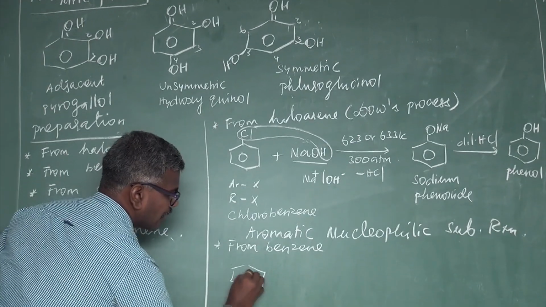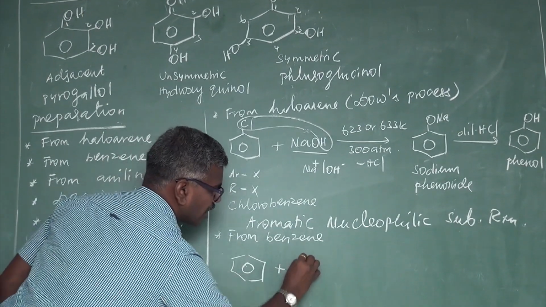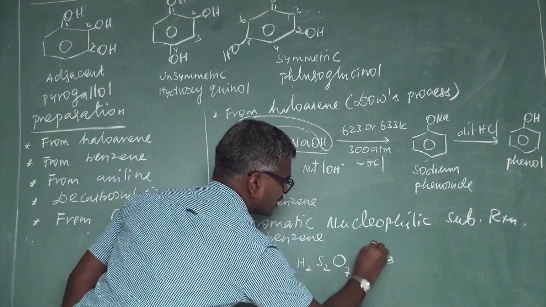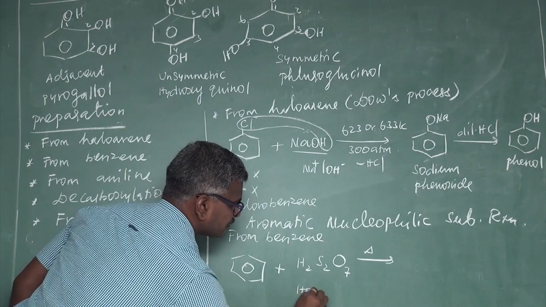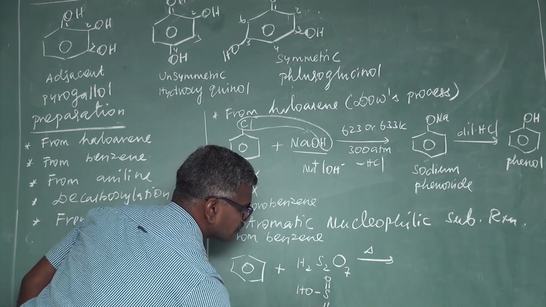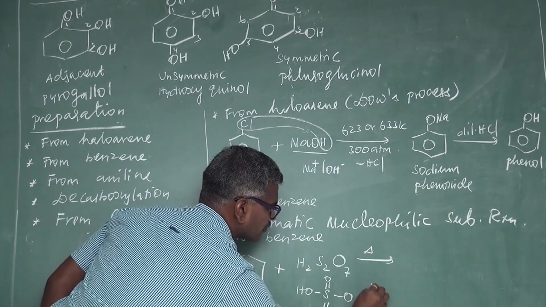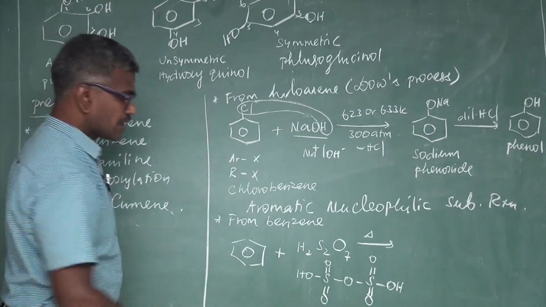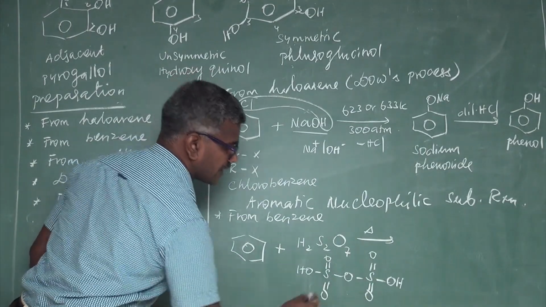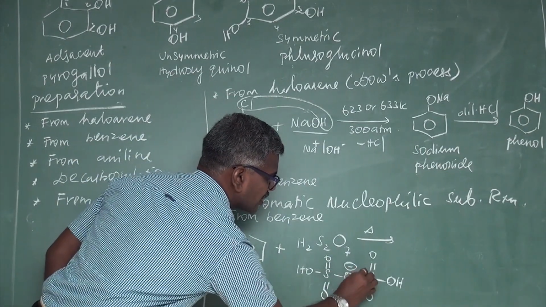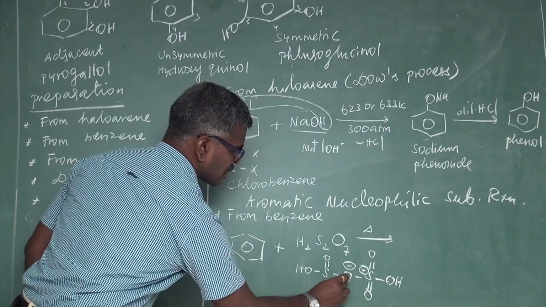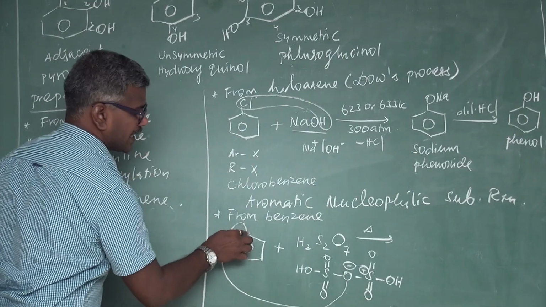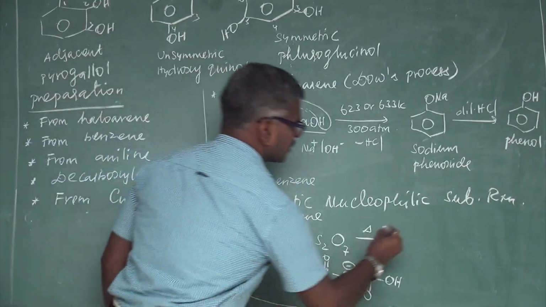Next, from benzene. Benzene reacts with oleum, formula H2S2O7, on heating. This is the oleum structure. These two have different electronegativity: this is a negative charge, this one is a positive charge. The charged group approaches the benzene nucleus, and one hydrogen is replaced by this group.